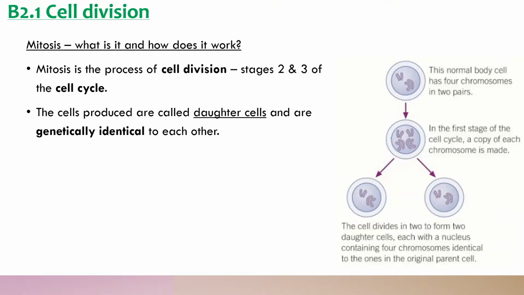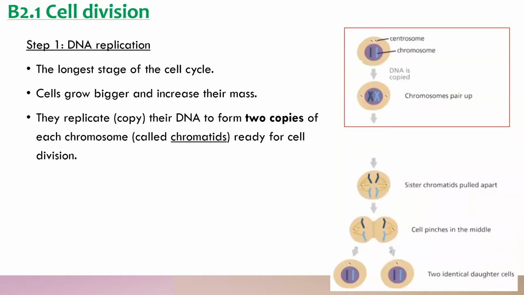Now we've got 8 in total. Then mitosis is quite simple. The cell divides into 2 to form 2 daughter cells, each with a nucleus containing 4 chromosomes identical to the ones in the original parent cell. So we've just cloned it.